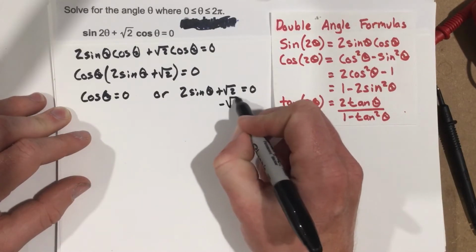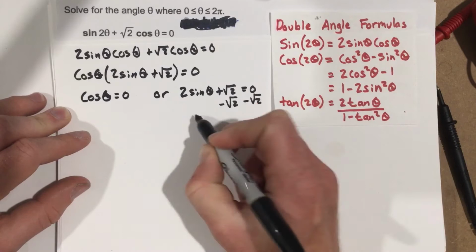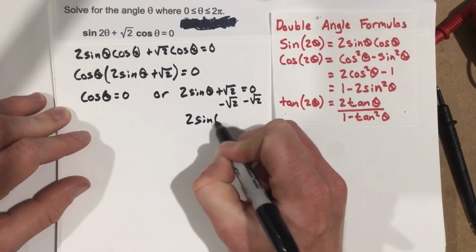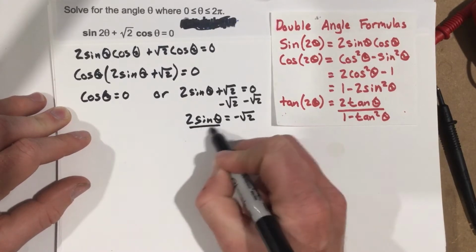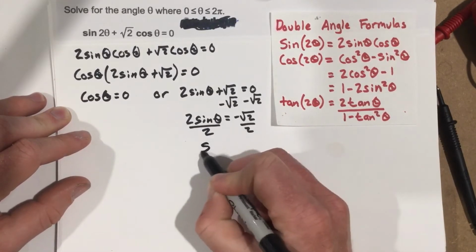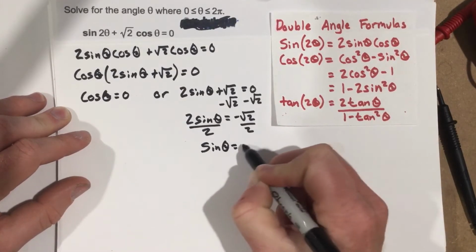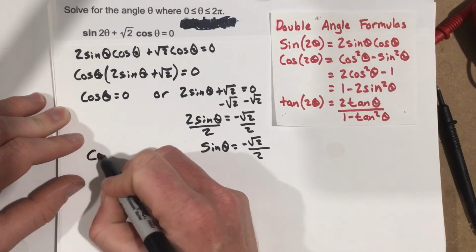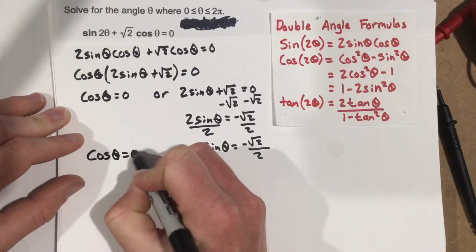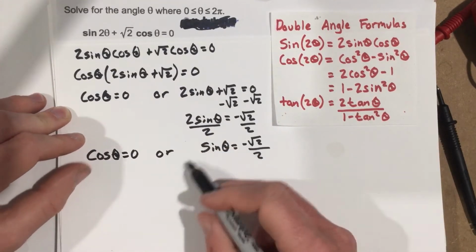I can subtract root 2 over. That gives you 2 sine theta equals negative root 2. And then divide by 2. And I get sine theta equals negative root 2 over 2, or cosine theta equals 0. So these are my two options.